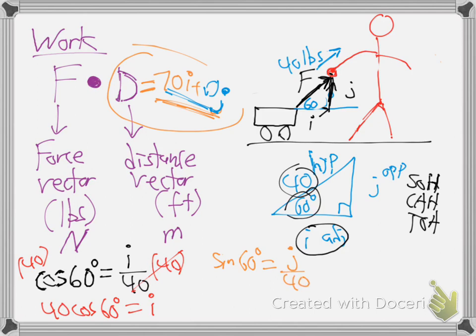Is that good? And then how do you solve for J there? Same way, right? Just multiply both sides by 40. Cancels. So the J component is 40 sine 60. So we got the I and we got the J.